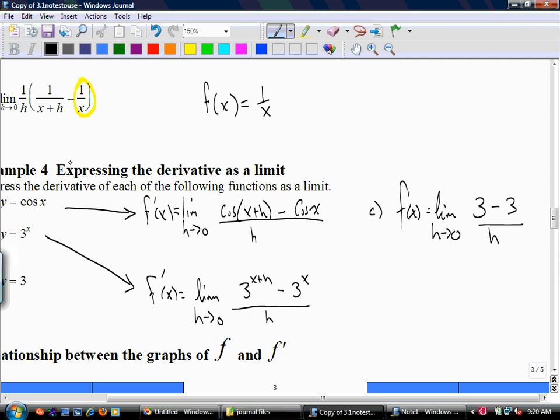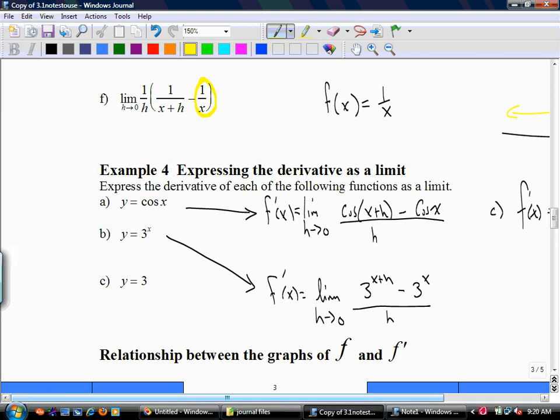If I ask you to graph y equals 3, what's its slope? 0. You don't need a limit statement to do this one. Because you've got to remember that it's f of x plus h. You need an x. There's no x anywhere, so there's no x plus h appearing.